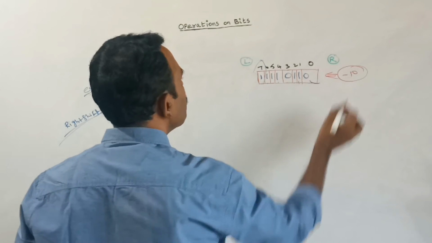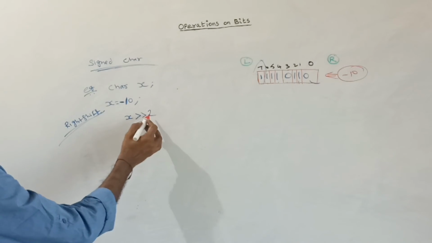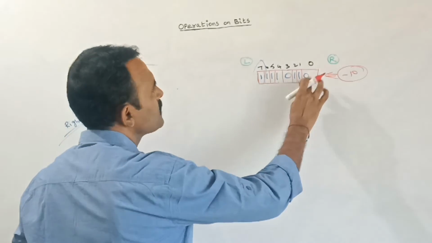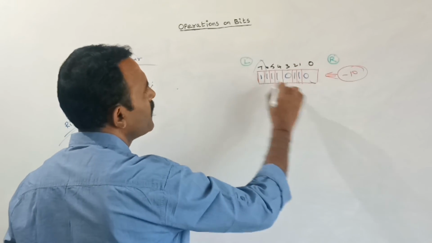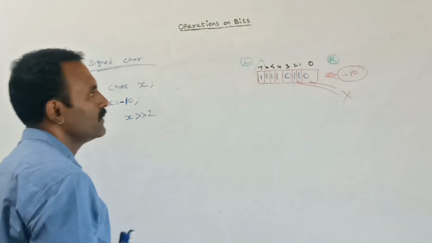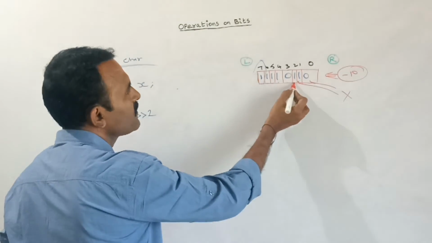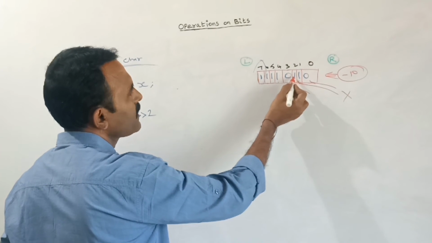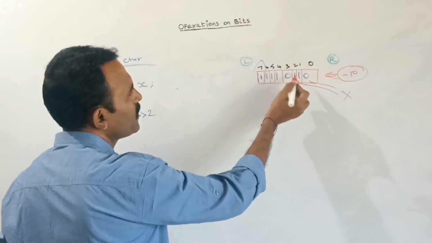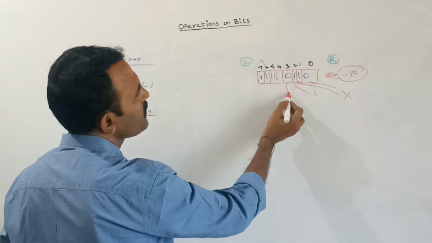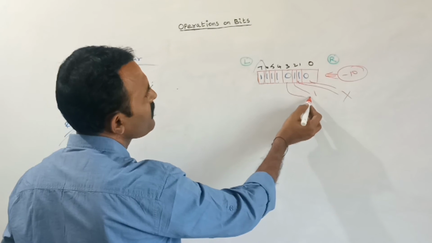Now I am shifting 2 positions towards the right. Towards the right 2 positions means the 0th and 1st positions will be removed, popped. So the second position value moves to the 0th position. The binary value in the second position is 1, so this 1 is shifted to the 0th position. Next, the third position binary value 0 is shifted to the 1st position.